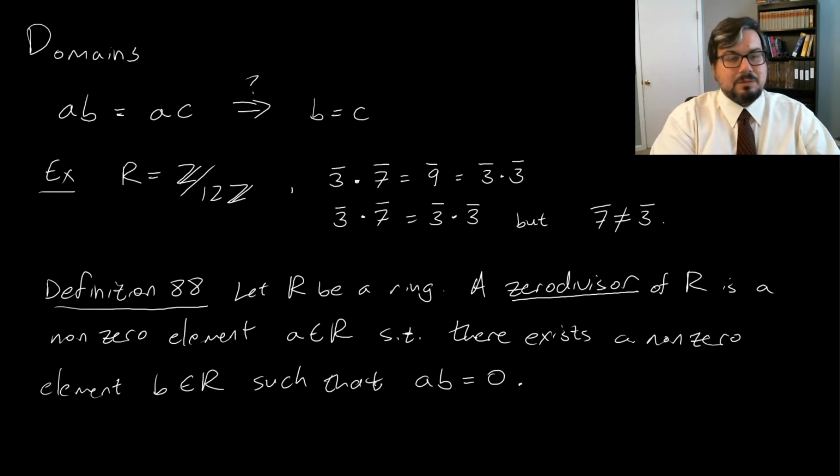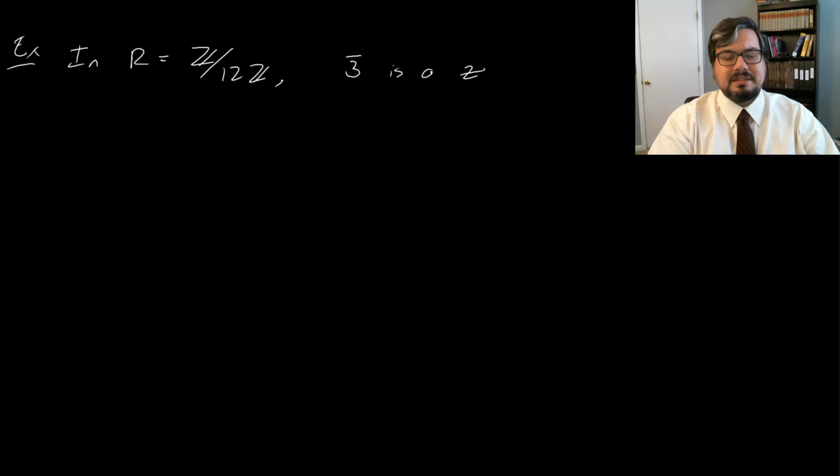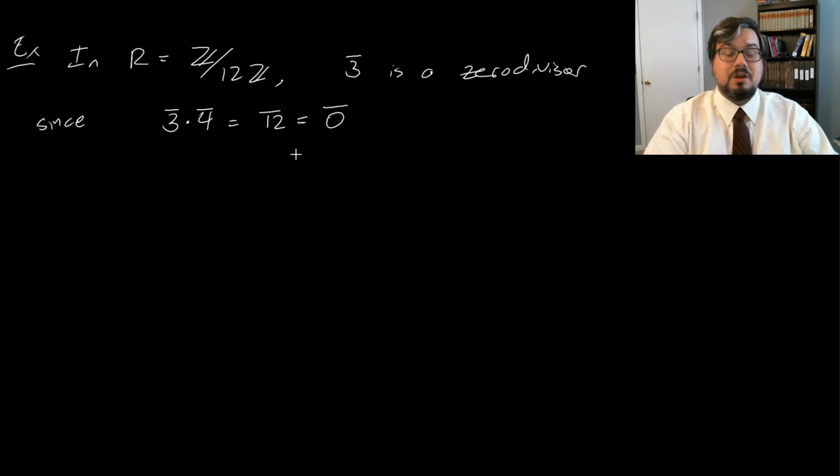So we can look at the same ring that we looked at in the previous example. In the ring R, which is Z mod 12Z, we have that 3 bar is a zero divisor, since 3 bar times 4 bar is equal to 12 bar, which is 0 bar, which is the 0 element of this ring.